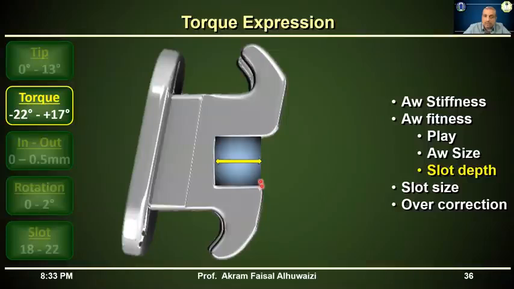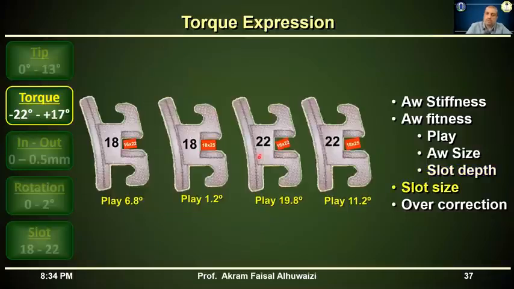So when you put in a full-size wire, the wire just keeps sticking out and doesn't go inside the slot. What that means is that you're not expressing the torque as you should, because it's not a tight fit. So here, the slot depth matters. But if it was .028 or .030, it's fine, since the majority of our wires don't exceed .025 in depth. So for depth, just stay away from poor brackets.